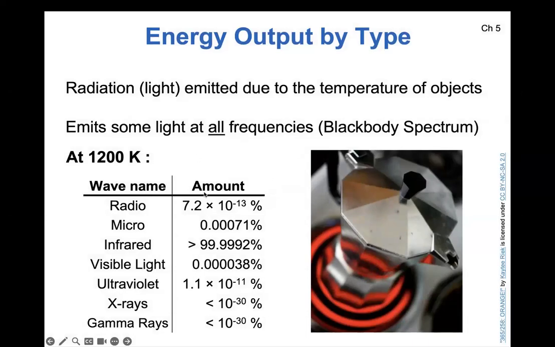Okay. So a quick summary here of the different portions of light that are produced for a 1200 Kelvin glowing object. If you take a 1200 Kelvin object, this is the portion that falls into the different categories of light.